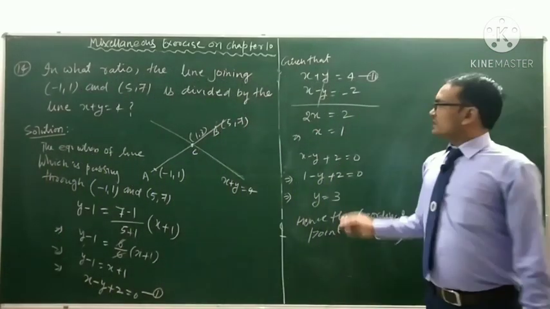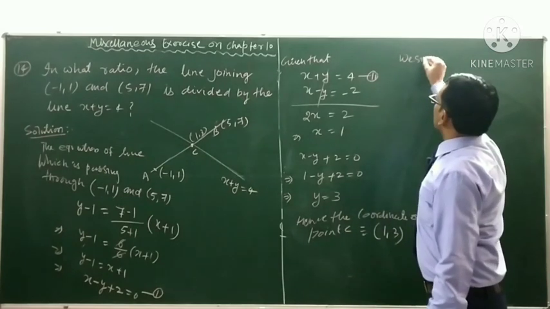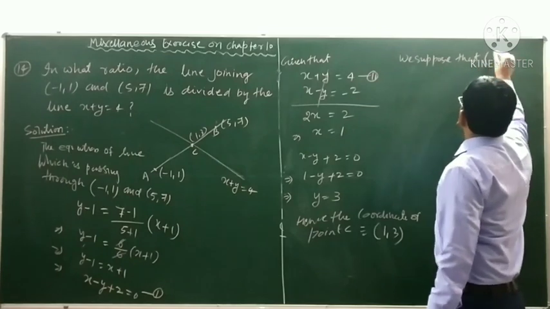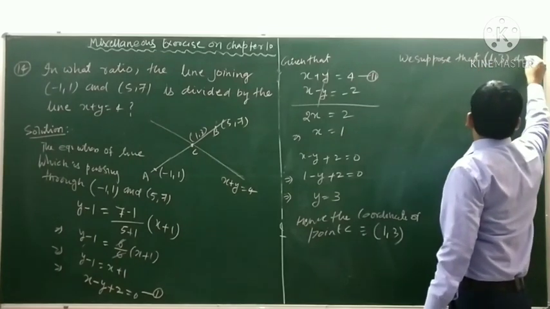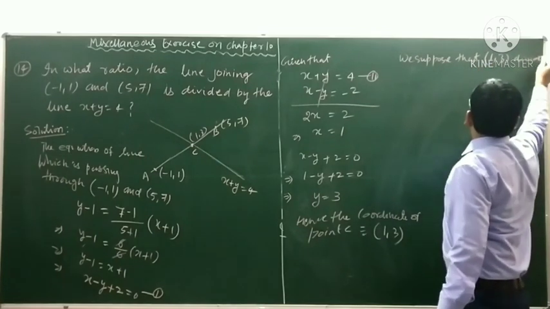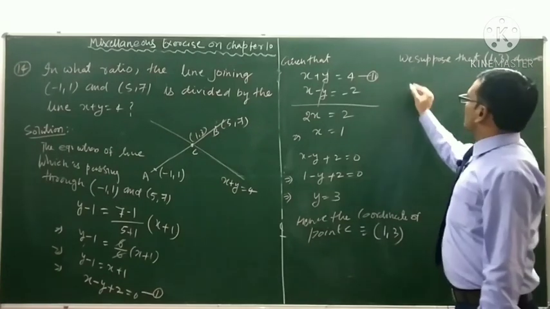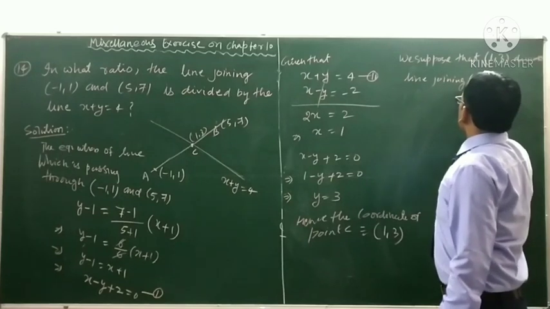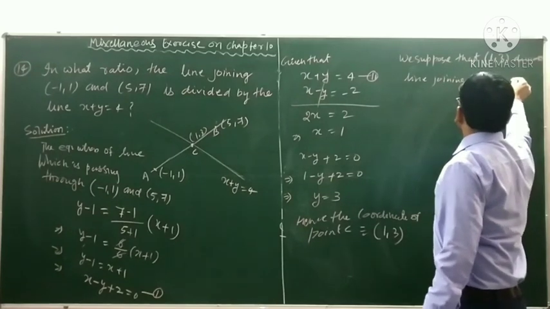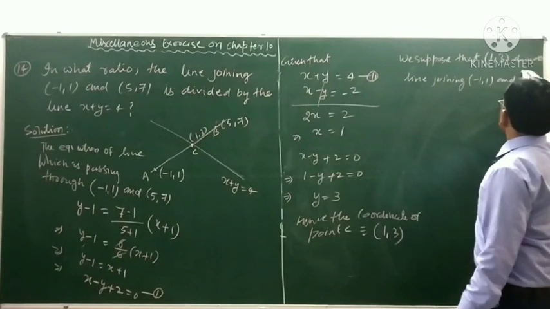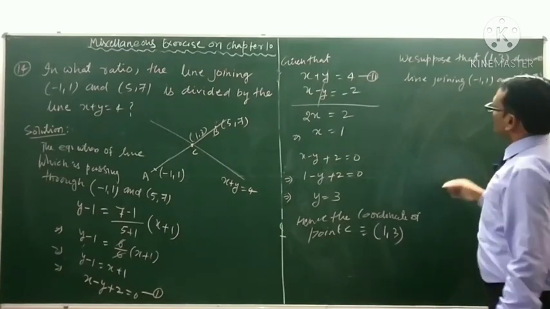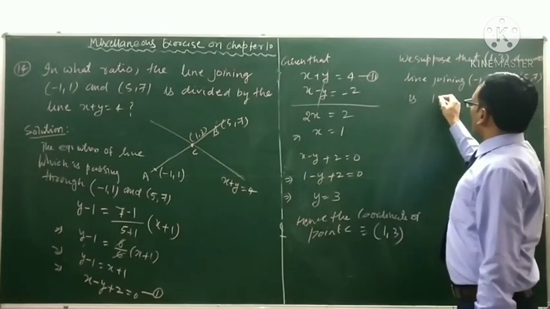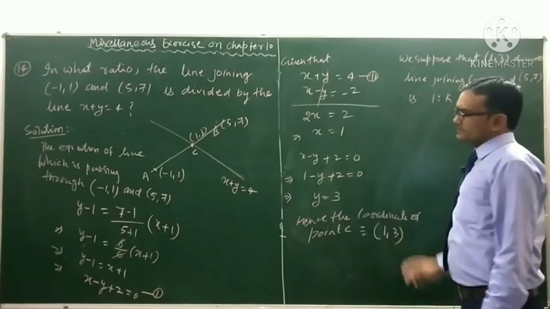We suppose that (1, 3) divides the line joining (-1, 1) and (5, 7) in the ratio 1:k.